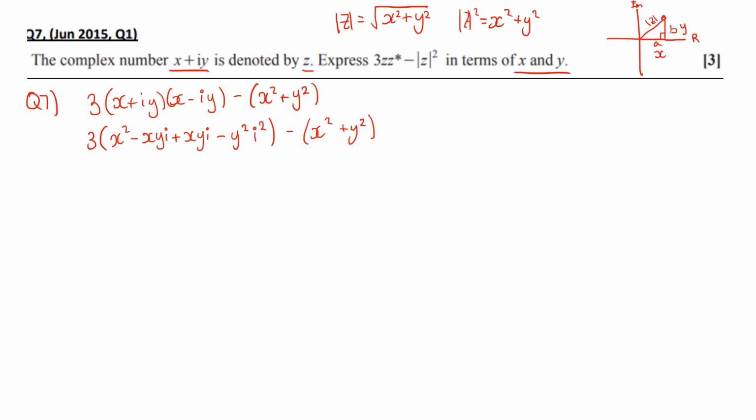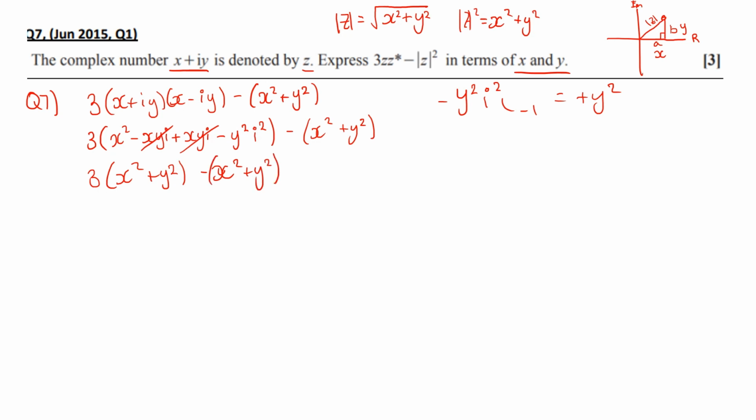So these cancel, and minus y squared times i squared, so i squared is minus 1, so therefore that's going to equal positive y squared. So we're going to do, let's just rewrite out here, 3 times x squared plus y squared minus x squared plus y squared. Put those in brackets.